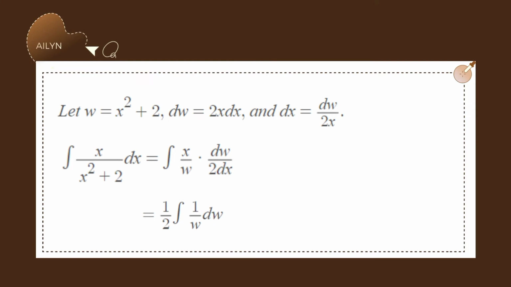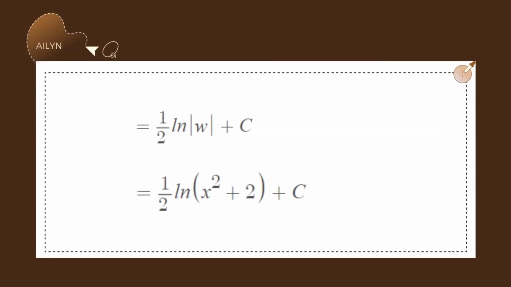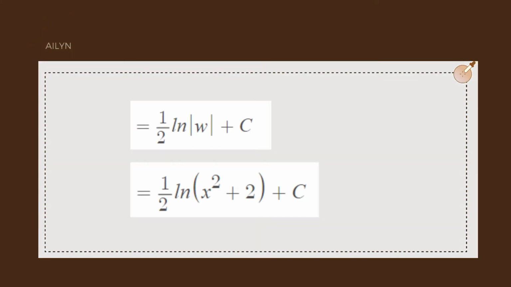Next, following the constant rule, we have 1/2 outside the integral of 1 over w dw, which is exactly 1/2 ln of w plus c, which is the constant. And the final answer is 1/2 ln of x squared plus 2 plus c, when we substitute back the value of w equals x squared plus 2.